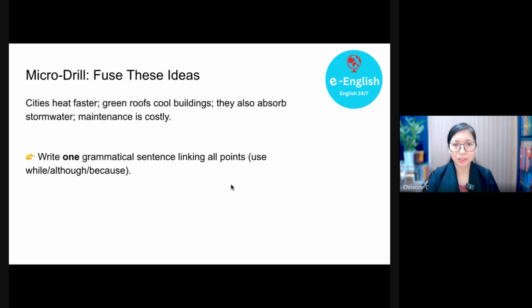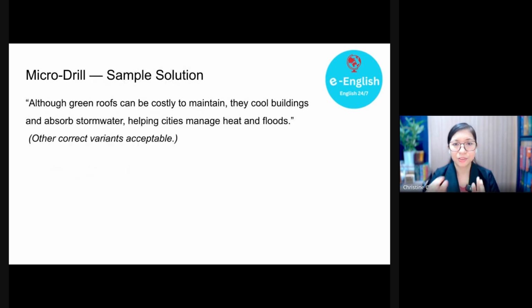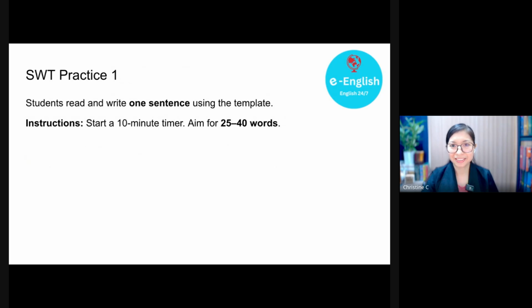So we put all these ideas together, fuse them into one sentence. It's a complex sentence, and we connect the ideas together. And we imagine that this was the summary of that maybe 2 to 3 paragraph passage that the test taker read.